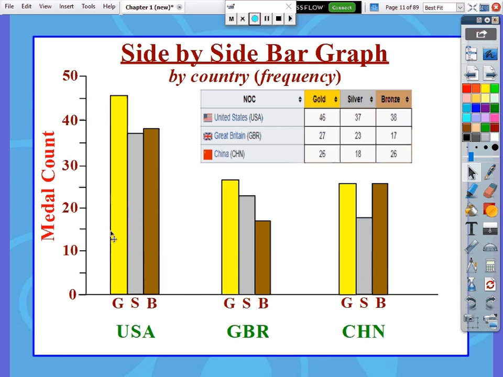Because some people might say, well, I think it goes bronze, silver, gold. So you typically have to have some sort of key or make it well known which bars are which. And notice how I have all this stuff labeled. I have each country labeled down here. I've got the gold, silver, bronze labeled. I've got my vertical axis labeled appropriately and spaced appropriately. And more importantly, what do these numbers represent? These represent actual counts or frequencies, if you will.